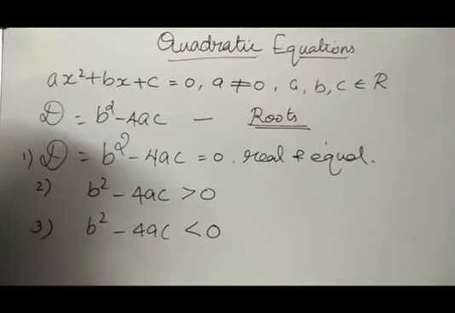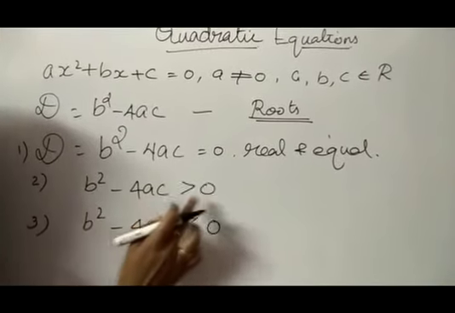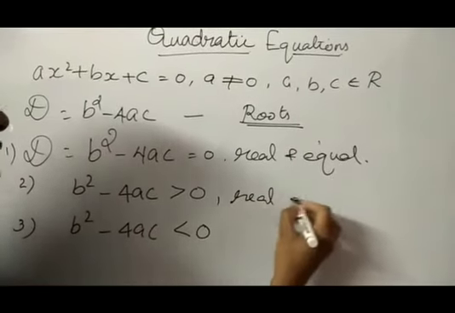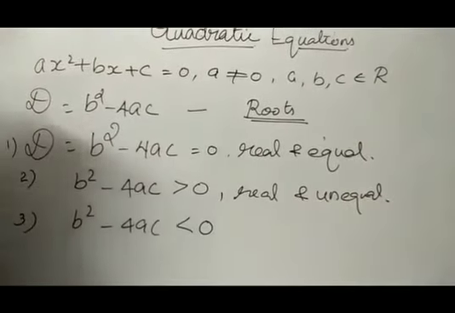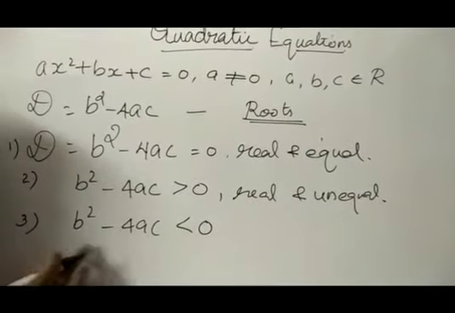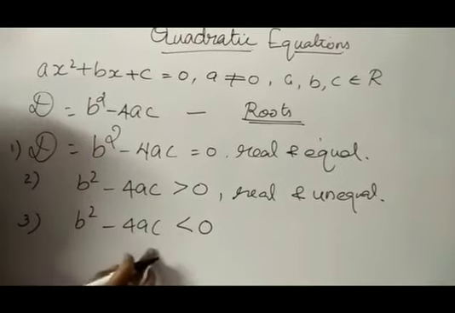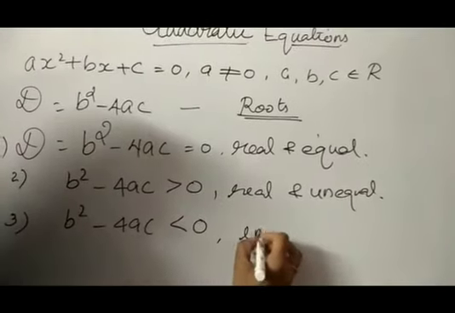In the second case, when the discriminant is greater than 0, the roots are real and unequal. And in the third case, when the discriminant is less than 0, that means the value you are getting is a negative number, then your roots are imaginary.